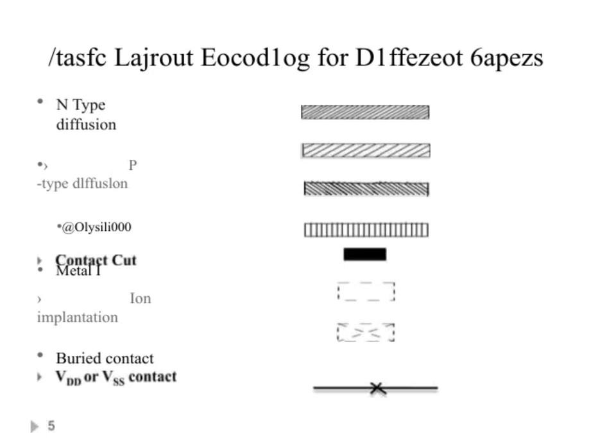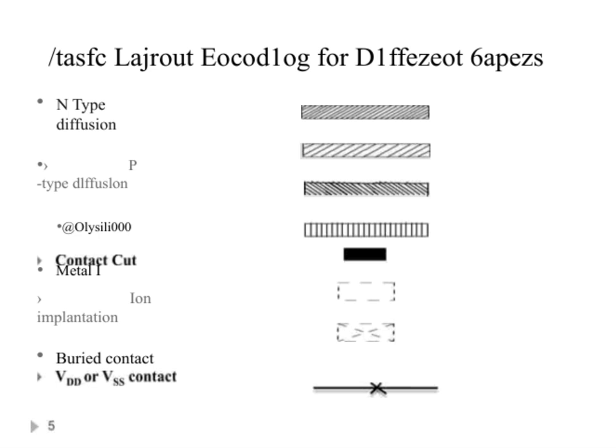Here, we're focusing on various key techniques used in semiconductor fabrication. First, N-type diffusion, which involves introducing impurities to create regions with an abundance of electrons, giving the material negative type characteristics. Then, P-type diffusion, which does the opposite by adding impurities that create holes, or positive charge carriers, altering the electrical properties accordingly.